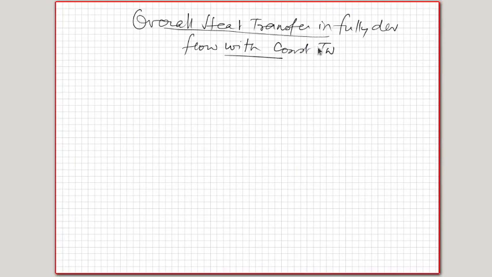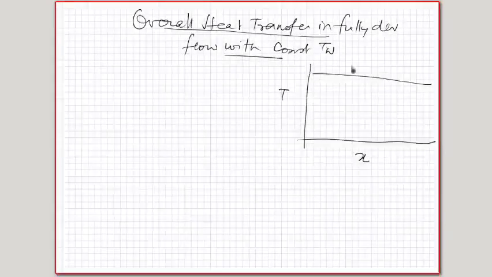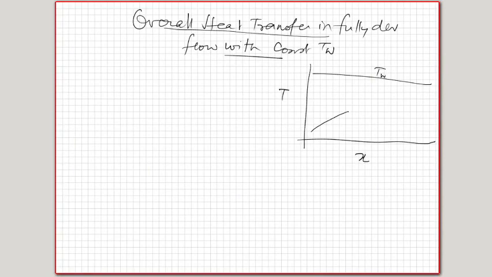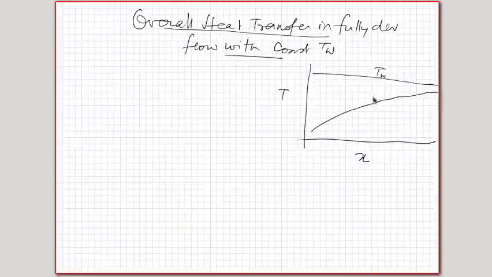So we said that in this kind of flows, if I look at the variation with X of temperatures, the T wall would remain constant and the T mean would approach this exponentially, asymptotically.